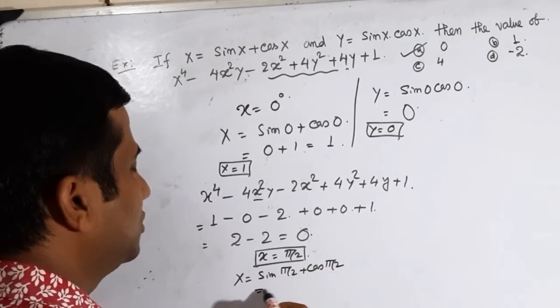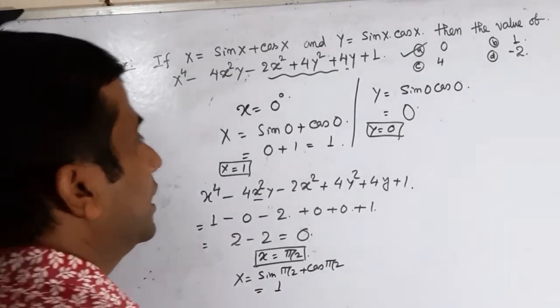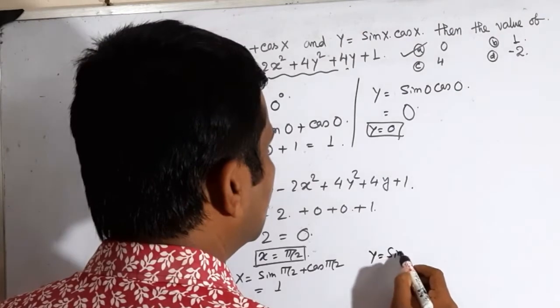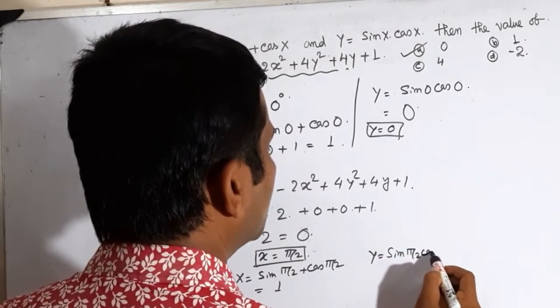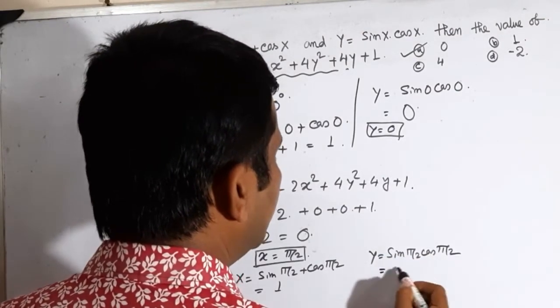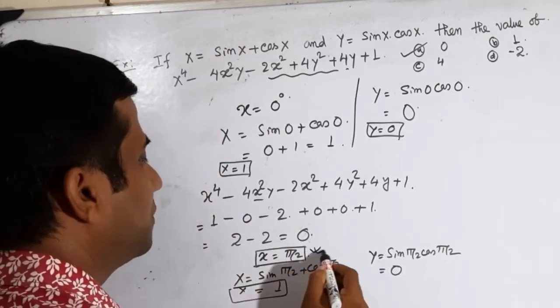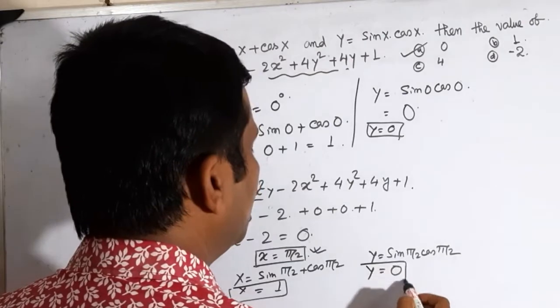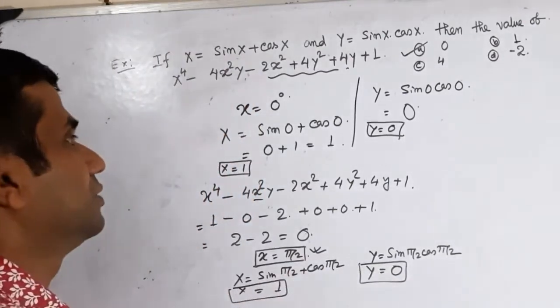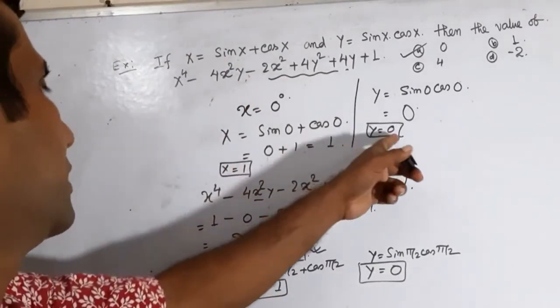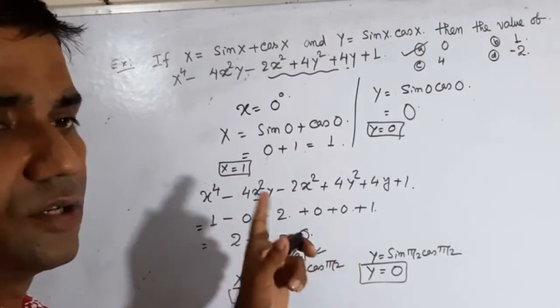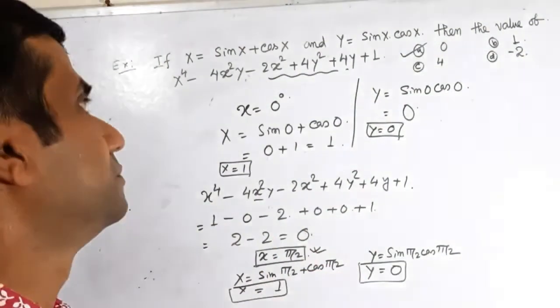Cos pi by 2 means 0, sin pi by 2 is 1, and y is equal to sin pi by 2 cos pi by 2, that means this is 0. So if you put x is equal to pi by 2, then x is equal to 1 and y is equal to 0, and putting x is equal to 1 and y is equal to 0, you get the required answer. So your answer is 0.